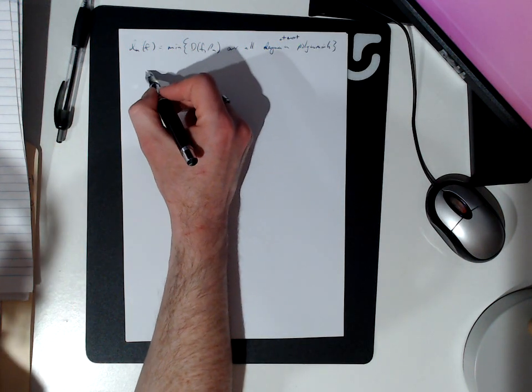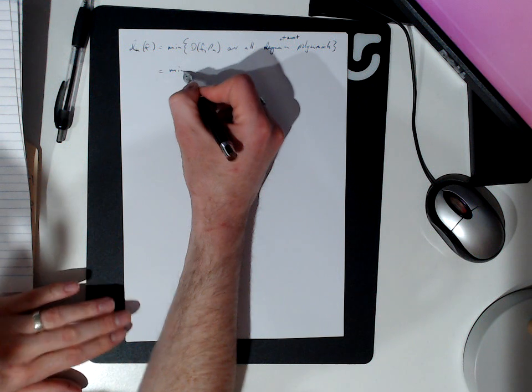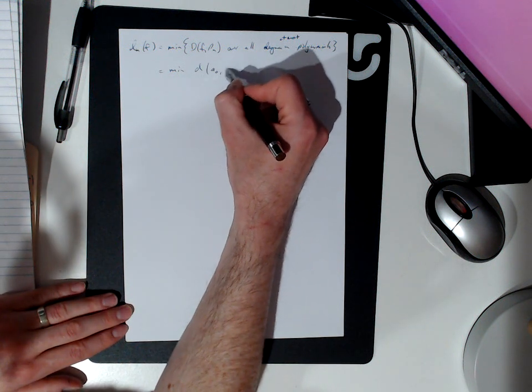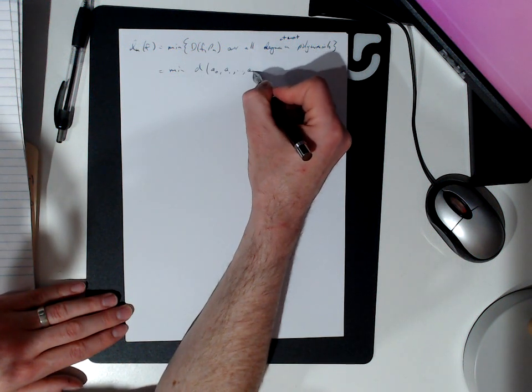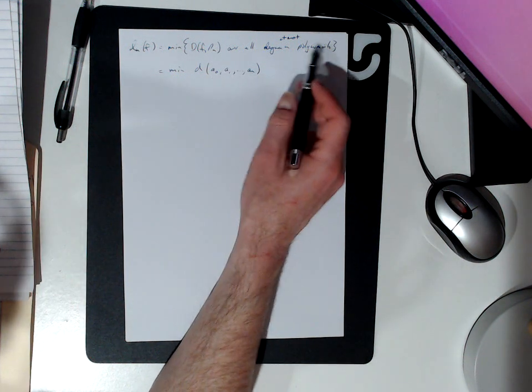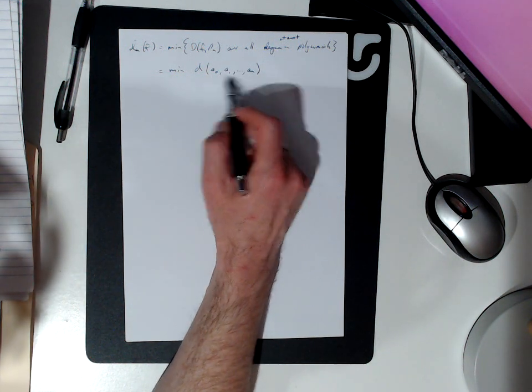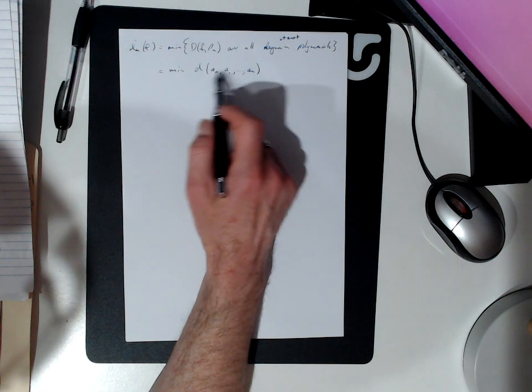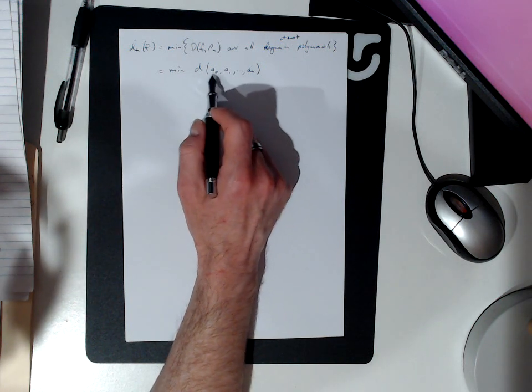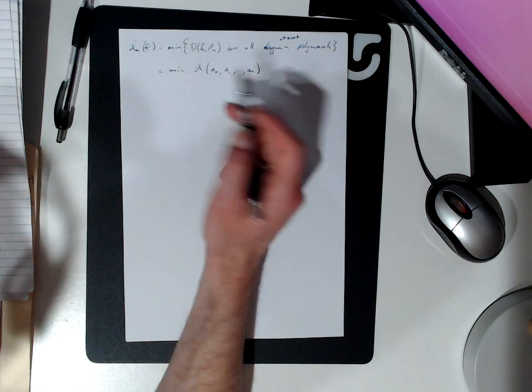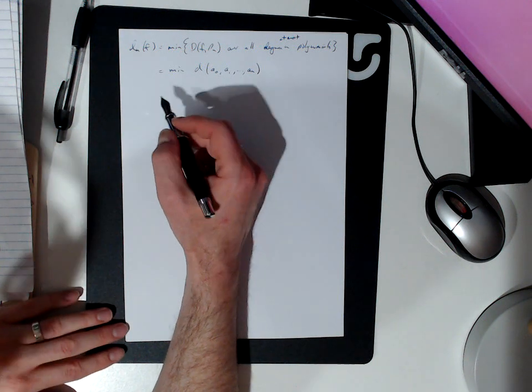So sometimes you'll see this written as the minimum of d(a0, a1, up to an). And that's because degree n polynomials have n plus 1 coefficients, and this is saying we want to minimize the deviation of a polynomial with these coefficients from f.